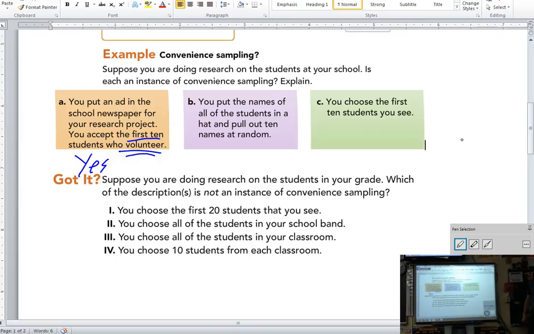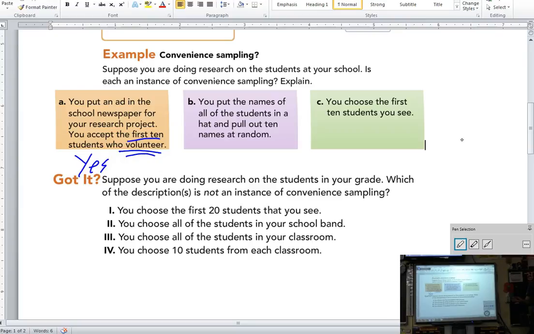Manasa, you put the names of all students in a hat and pull out 10 names at random. Is it convenient? So when you pull that name out, can you ask that person your question? Yes. So imagine this situation. We take all of Phoenix students, all of the 7th grade, whatever you want your population to be. You mix up all their names and draw out, say, Justin Brown.